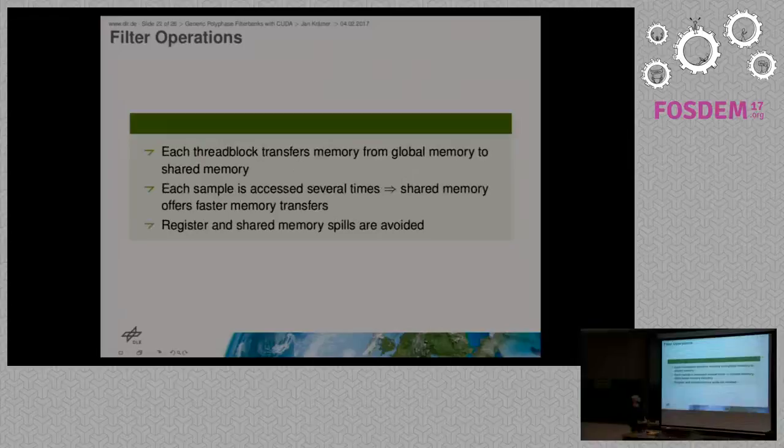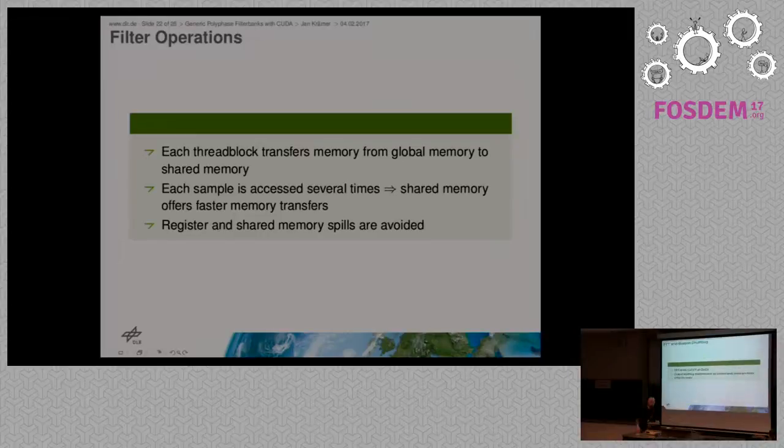A couple of other things for the filter operations: we go to shared memory. We try to avoid bank conflicts, which is not that easy because we have complex samples, which are 64-bit, not the 32-bit words that we would need for the loads from shared memory. As far as the compiler output is concerned, we don't have any register or shared memory spills. That's always good.